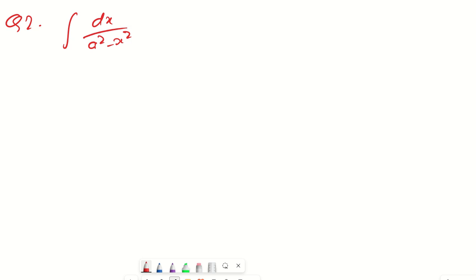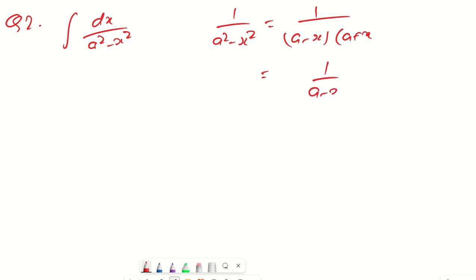Let us do one thing here. 1 by a square minus x square can be written as 1 by a minus x into a plus x, right? Now by partial fraction again we can write it down like 1 by a minus x minus 1 by a plus x. So what is the extra term that we are going to get here?